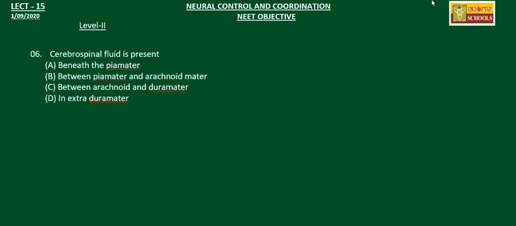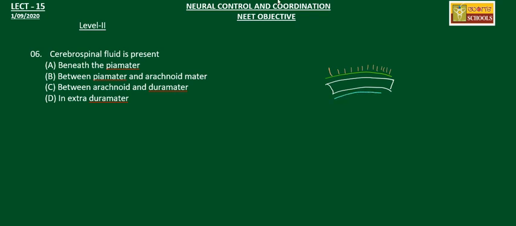The next question: cerebrospinal fluid is present between. So we know here the cranium, and above that there is the presence of skin, and attached to that, hair, and below this we have three meninges that cover the brain.